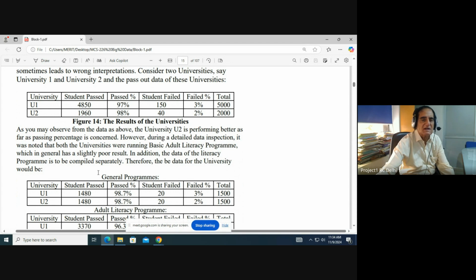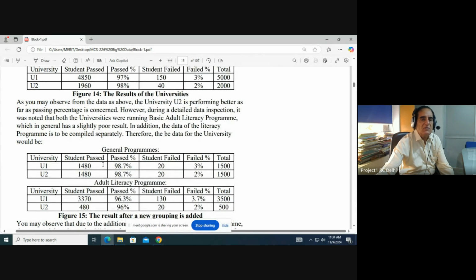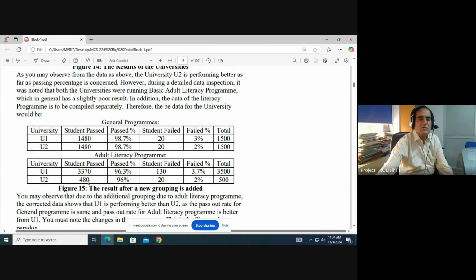In addition, the data of the literacy program is to be completely separated. And therefore, the data for the universities would be U1, U2, 1480, this. So U2 is better. Here U1, U2, here 96, 20, this, but this is better.